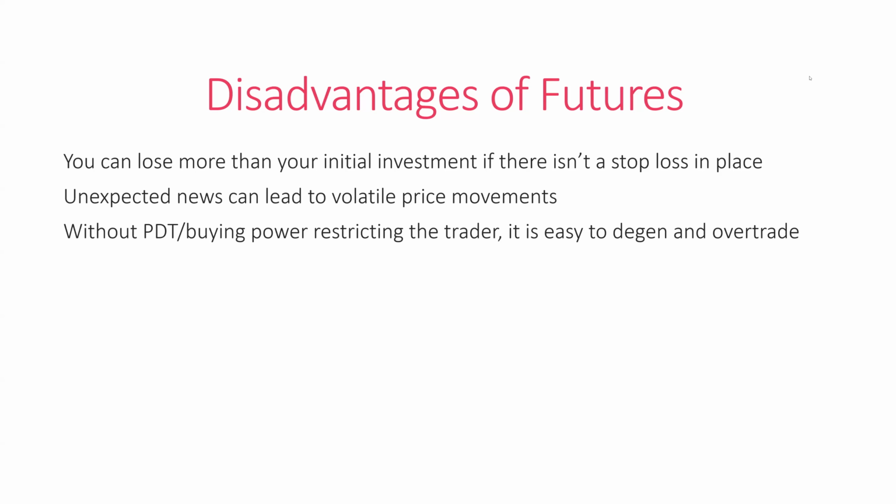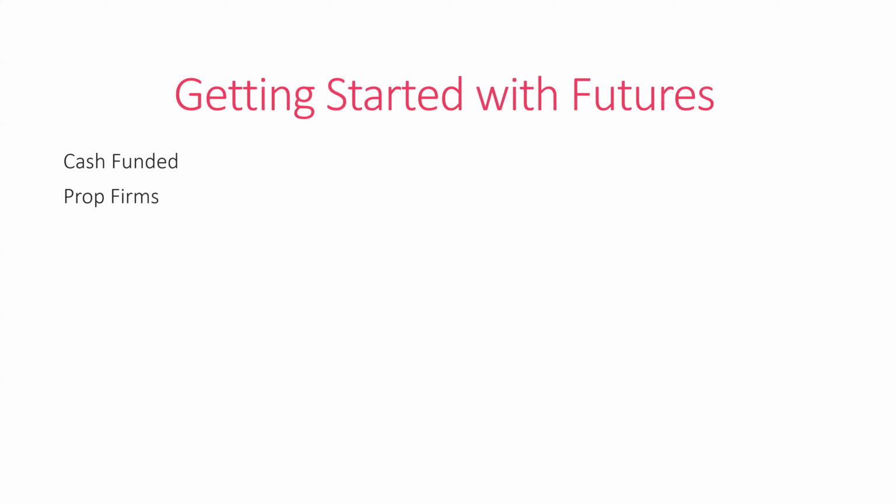Also, your stop market orders may get skipped way down. Let's say you have a position at 5,500 ES and a stop loss at 5,490, and CPI rolls out while you have an open position.